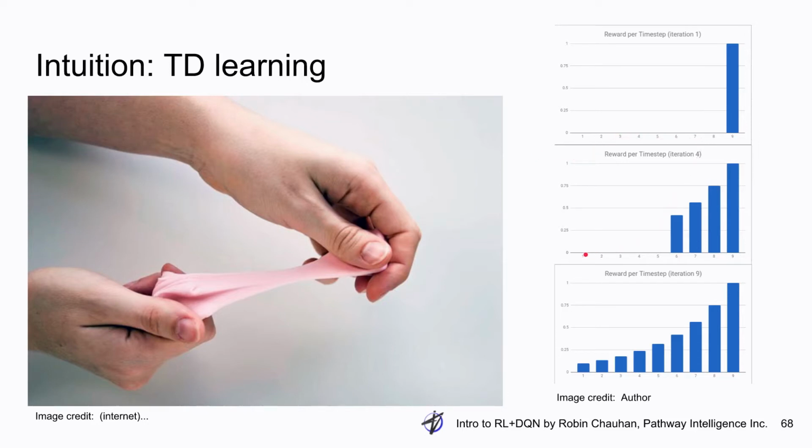But what TD learning does is, every time through the experience, as you walk through the door, you get a reward from the environment, and you also get to look at the Q values in the next room. So you look at the Q values in the next room, and you look at the rewards you got, you add them together, and you write that on the door that you just walked through.